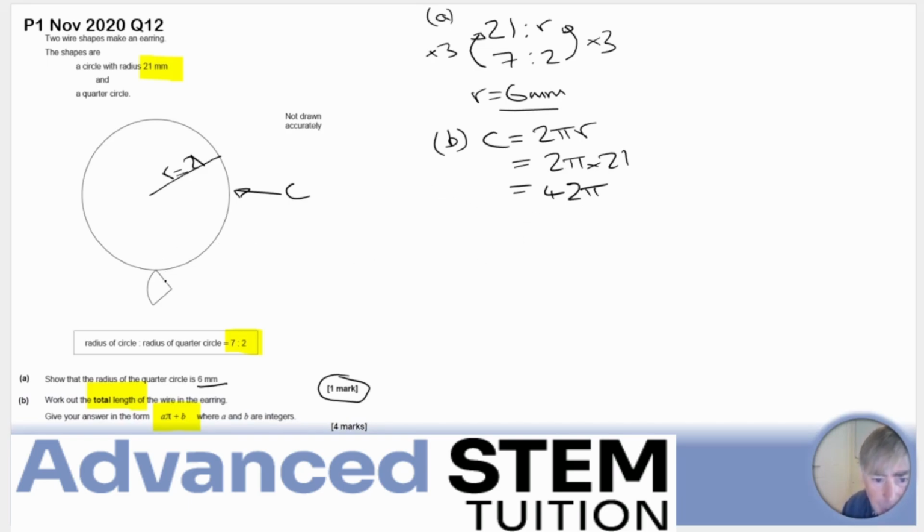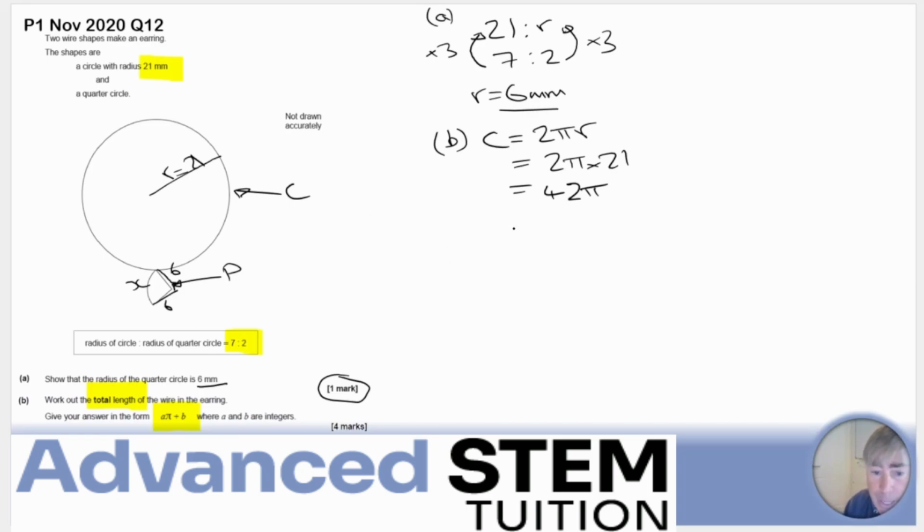So the next thing we need to do is work out the perimeter, and we're going to call that P. Okay, and that's going to be made up of our two radii, one there and one there. So we can already sketch those ones in. They're both 6. Let's make that a little clearer. That's 6 millimeters. That's 6 millimeters. And what we're going to be after is this little bit, which is the quarter of the circumference.